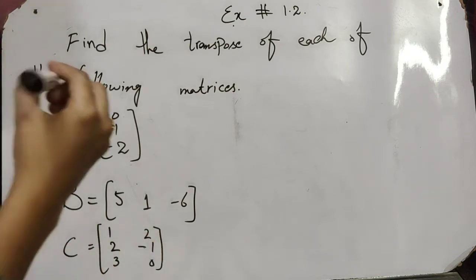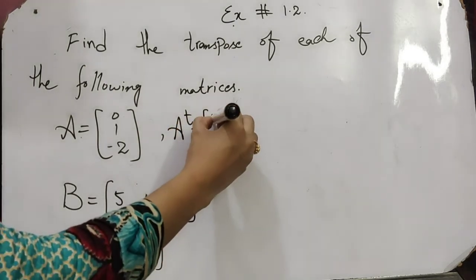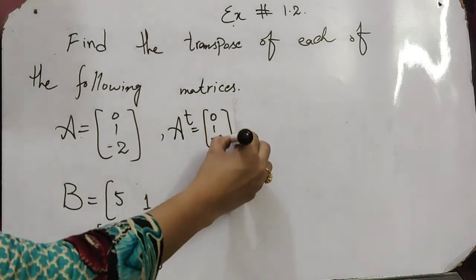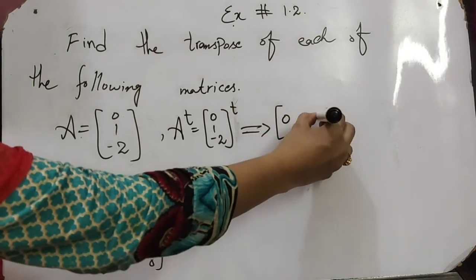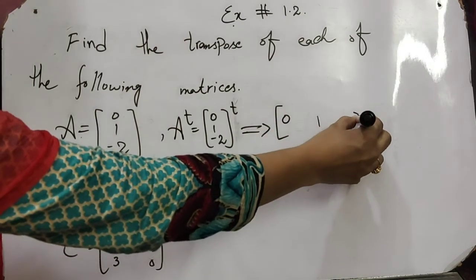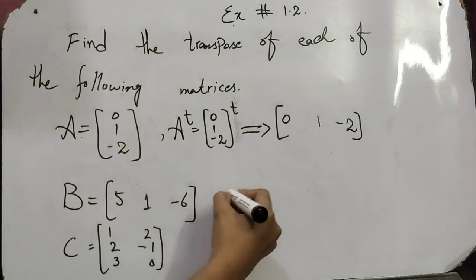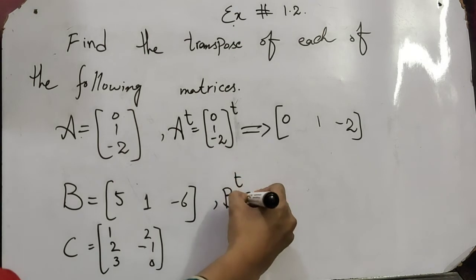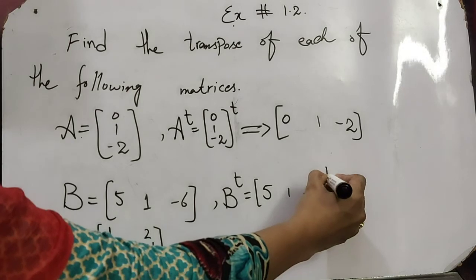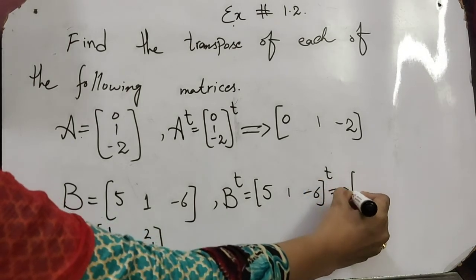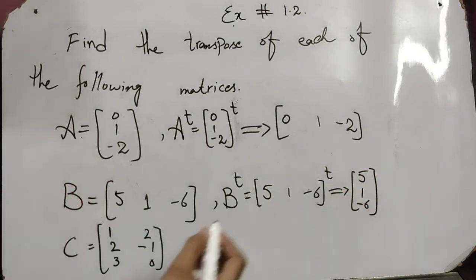So A transpose will be equal to the transpose of 0, 1, minus 2. The next is B. B transpose is the transpose of 5, 1, minus 6.